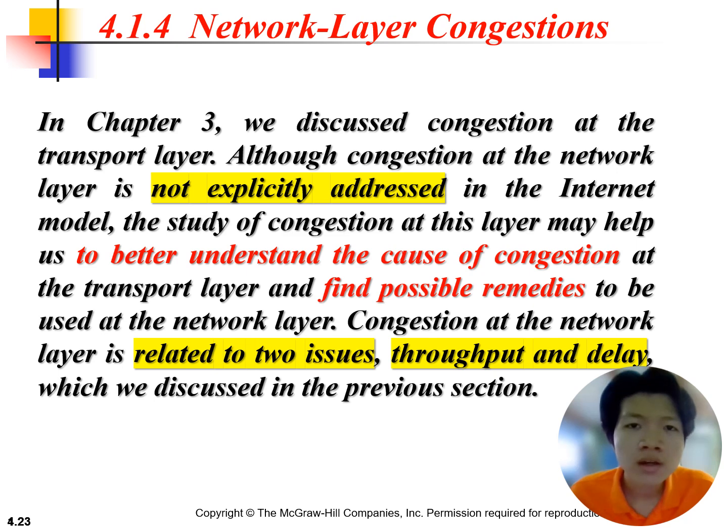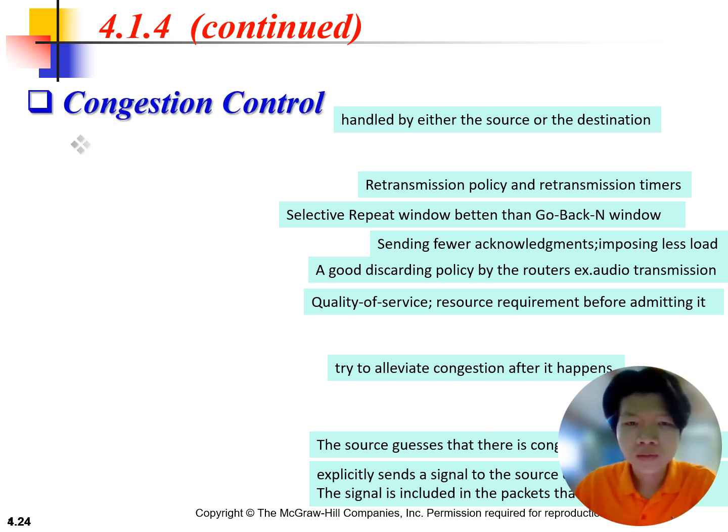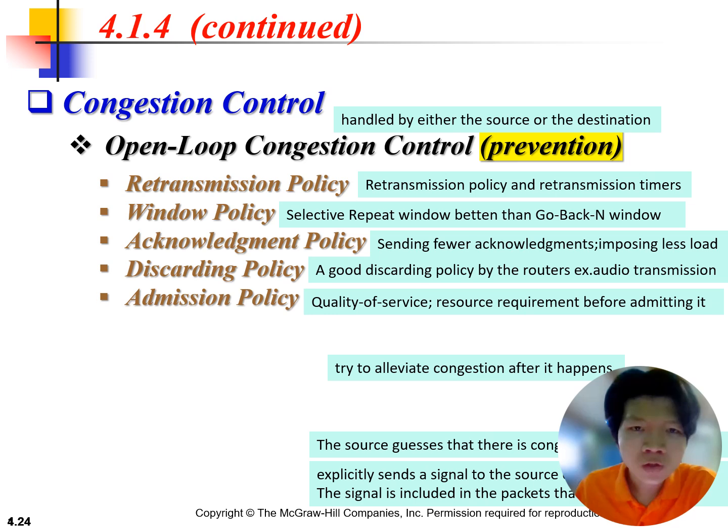Congestion at the network layer is related to two issues: throughput and delay, which we discussed in the previous section. Here is the topic of network layer congestion control.